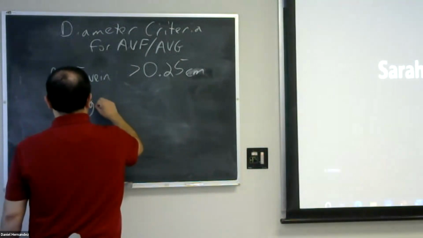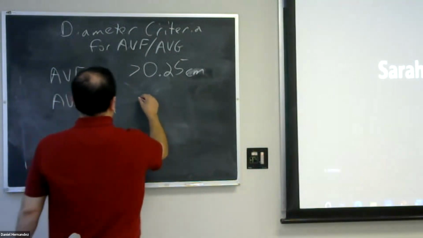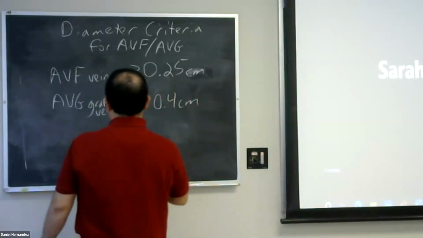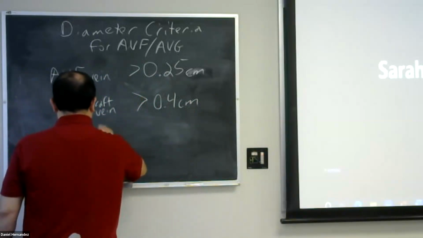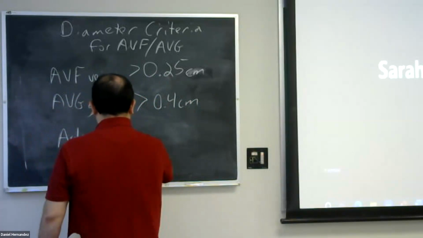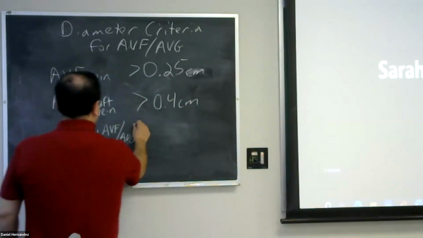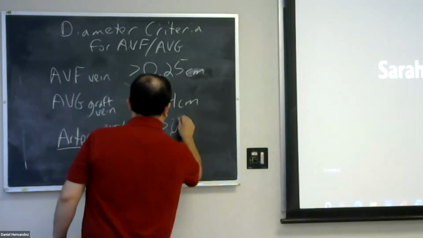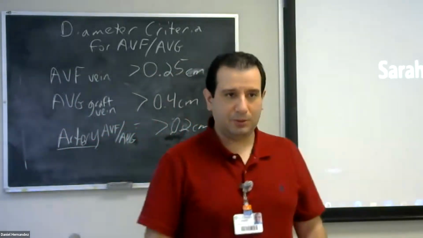For a PTFE graft or grafting, greater than 0.4 centimeters. Then the artery, for an AVF or AVG or graft, just the artery has to be greater than 0.2 centimeters. So those were the three numbers that I want you to memorize.